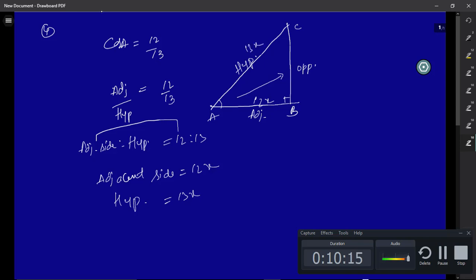Now when we know two sides in a right angle triangle, it is very easy to find out the third side using Pythagoras theorem. It says that the square of the hypotenuse is the sum of squares of the other two sides. AC is the hypotenuse, and the other two sides are AB and BC. The value of AC is 13x, AB is 12x.